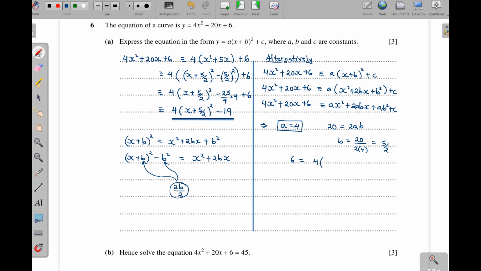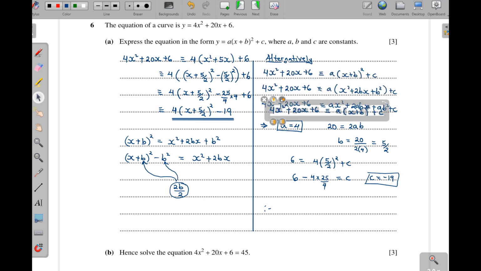Our b is 5 over 2, then squared, and then plus c. So this will be 6 minus 4 times 25 over 4. So this 4 goes. You see that? This one will give us a c. And c becomes negative 19. You see?